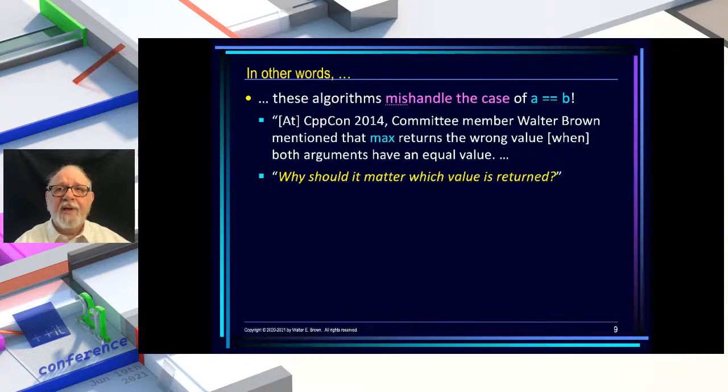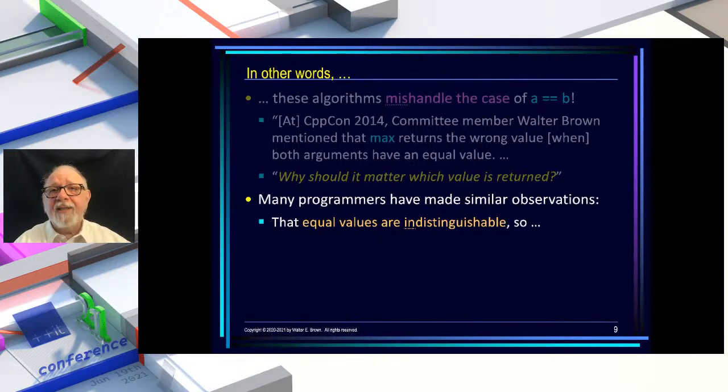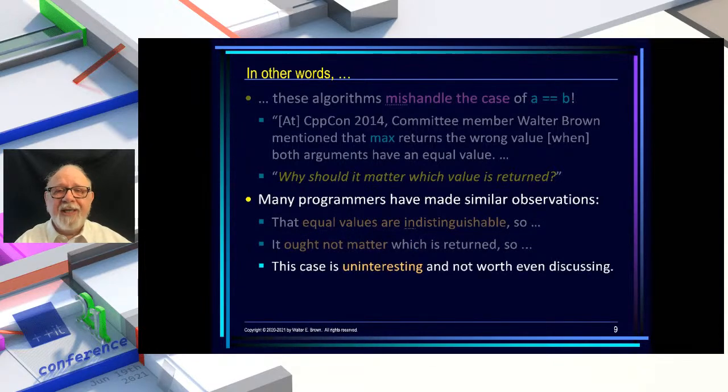Now, I have heard this question for many, many years in various forms, but more or less it looks like this. People say, look, equal values are equal, therefore they're not distinguishable, so it really should not matter which one you return, so this is an uninteresting case and really not worth discussing.